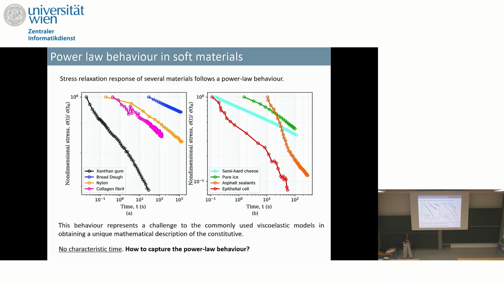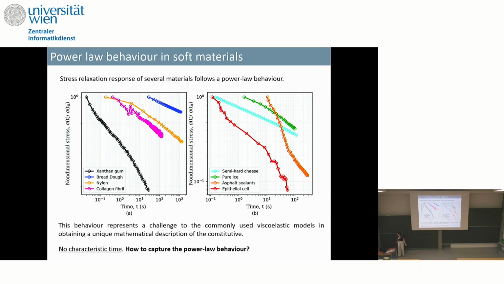What do all these materials have in common? They are complex because they have several processes occurring with different time scales. That's what they all have in common. So this behavior is a challenge for the community.